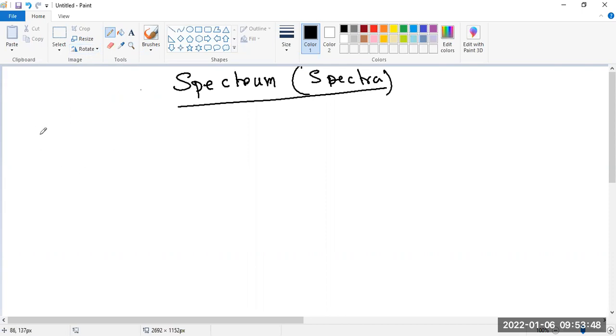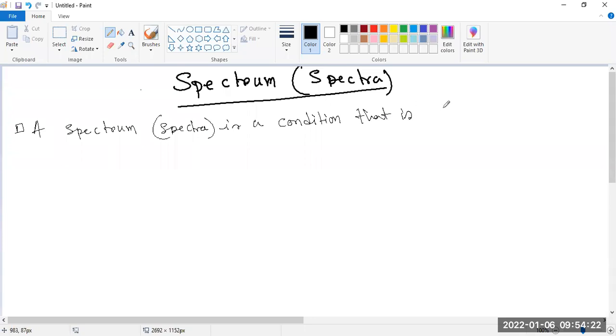Just write down this definition. Spectrum, in plural, is called spectra. Not limited to a specific set of values.